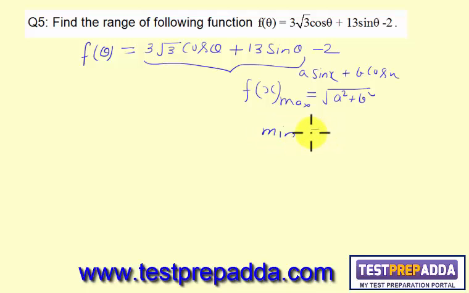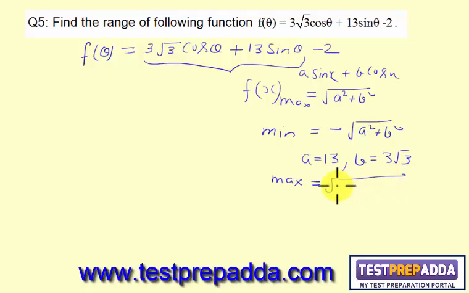What is the minimum value we got? Minus root a square plus b square. Just compare this with a sin x + b cos x. What a can I write here? 13. What b can I write here? 3√3. So what will be the maximum value of that part?